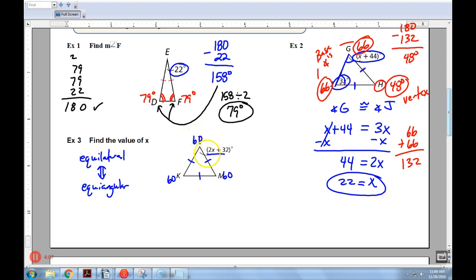So if I need to figure out what x is, I know how much that angle is. 2x plus 32 is really 60 degrees. So let's find the x that makes that work. If I subtract 32 from both sides, I get 28. And if I divide both sides by 2, I get x equals 14. And if I plug it back in, 2 times 14 plus 32, it does check out to be 60 degrees.